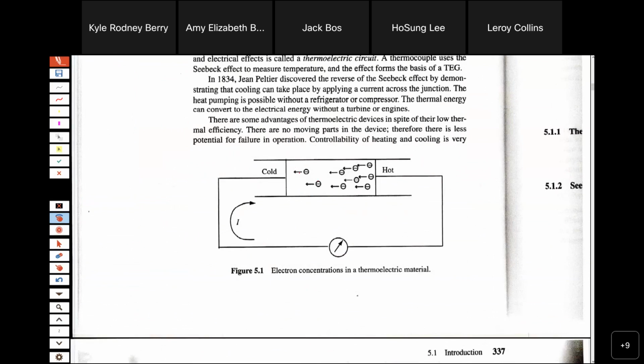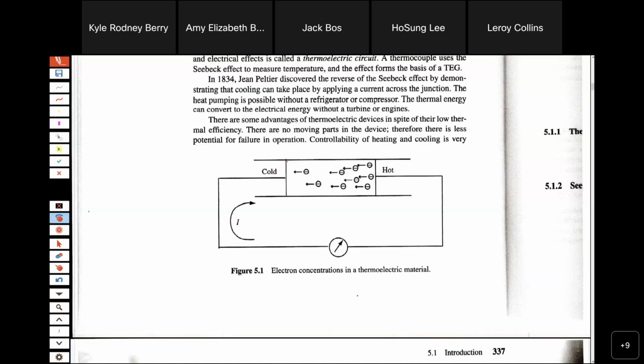For example, this is any material, and this side is hot, and this side is cold, and some thermal energy is enough for an electron to possibly become a free electron. That's why we have a lot of electrons all around, static electricity everywhere.